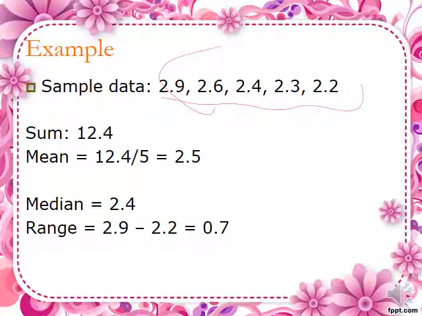The sum is 12.4 and there are 5 measurements. So the mean is 2.5. Next is to find median. We arrange this from smallest to largest and find the middle value. So median is 2.4. Range is the difference between the largest value and the smallest value. So 2.9 minus 2.2, you get 0.7.